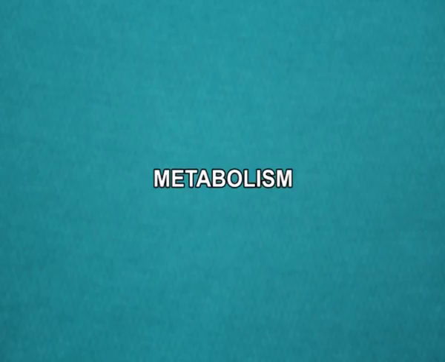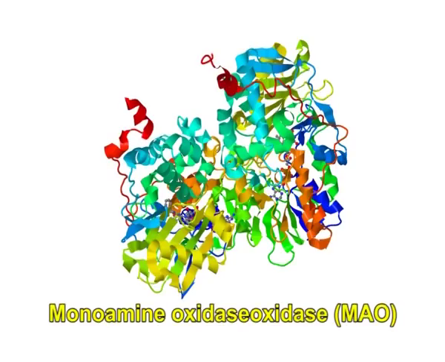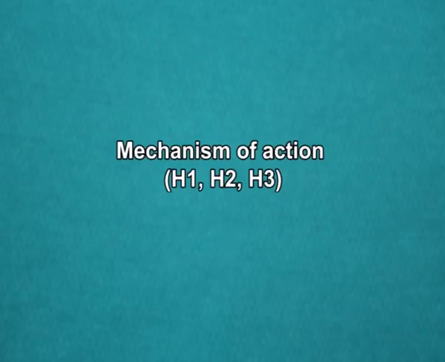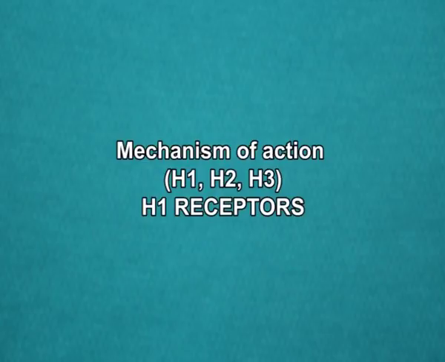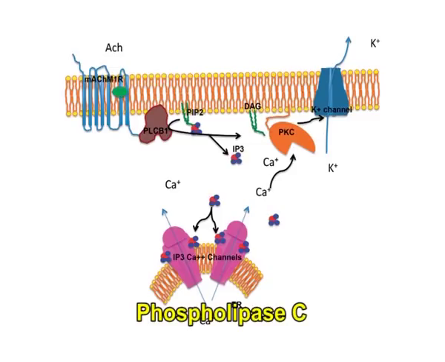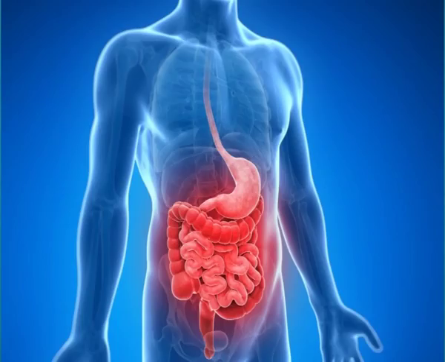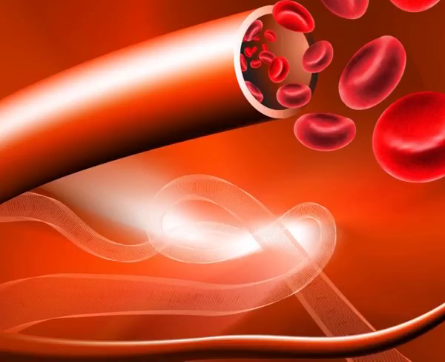We will discuss the metabolism of histamine. It is metabolized by monoamine oxidase MAO and diamine oxidase or histaminase. The mechanism of action may include H1, H2 and H3 receptors. H1 receptors are coupled to phospholipase C, IP3 and DAG; in smooth muscles they may cause contraction of bronchi, GIT and uterus, except blood vessels.